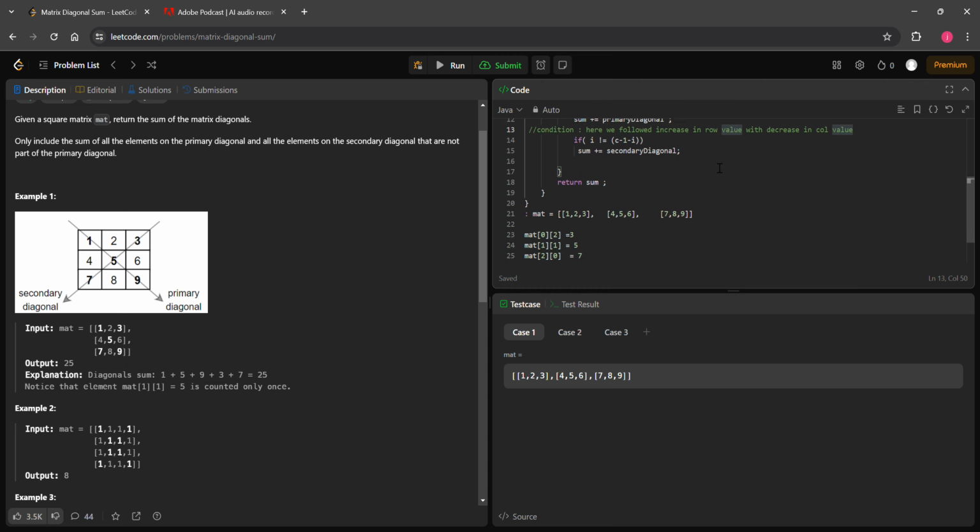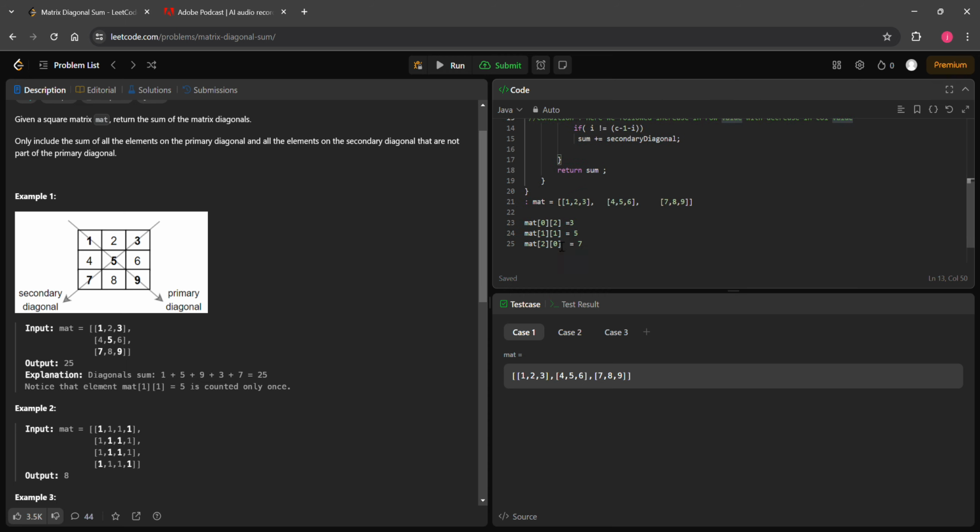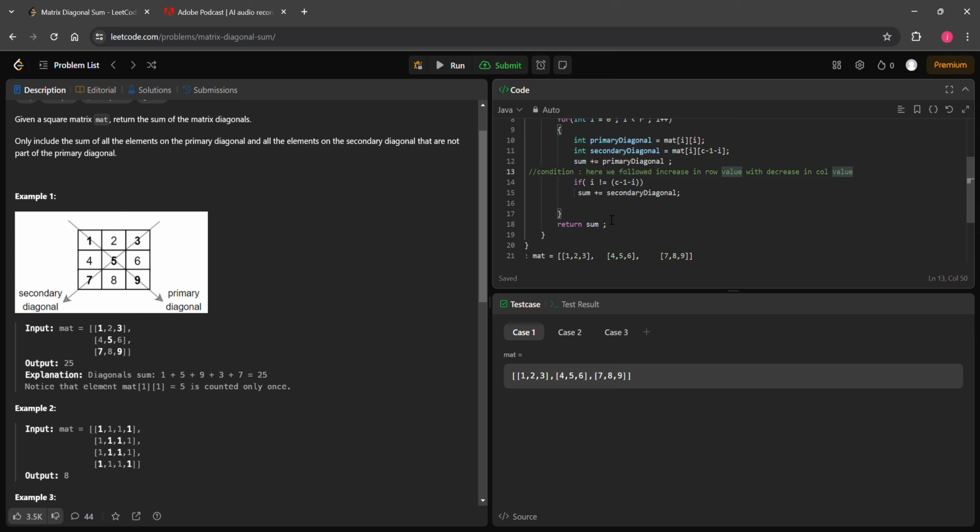But for the second one, where we have to decrease 2, 1, 0, what we did was we said the number of columns. So how many columns are there here? C. How many indexes? There are 3, right? So what we need is the value 2. So what we did, C minus 1. Okay, C minus R. What is the value of R here?